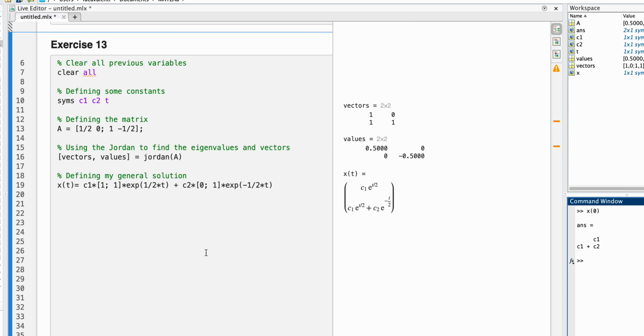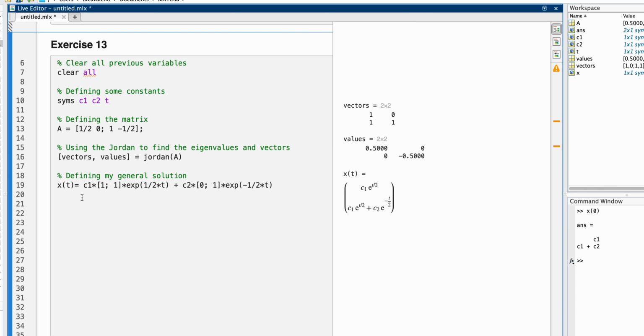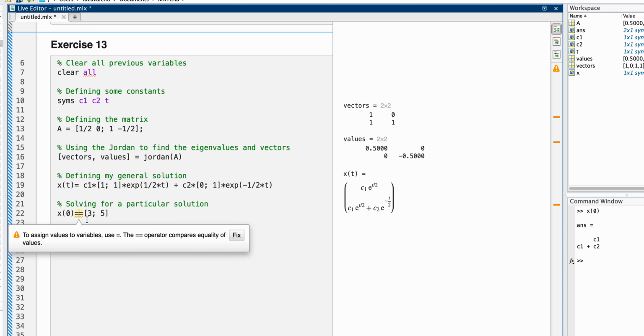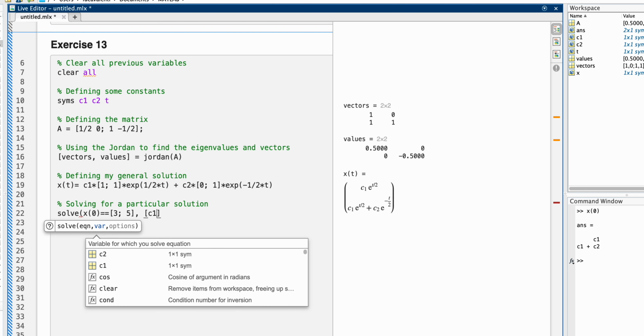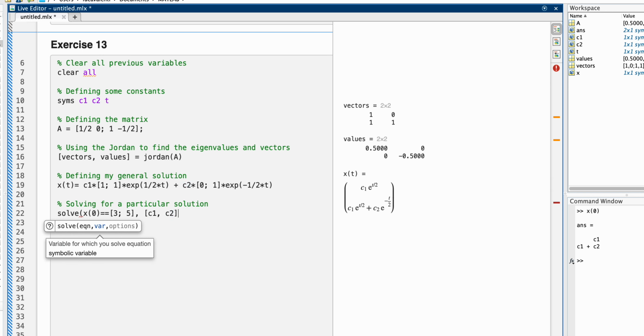So now I use the solve command here, and I'm going to say that this line is solving for a particular solution. I don't know if this is actually going to work; we'll see. I want to use the solve function, and I want to solve for C1 and C2 in here.